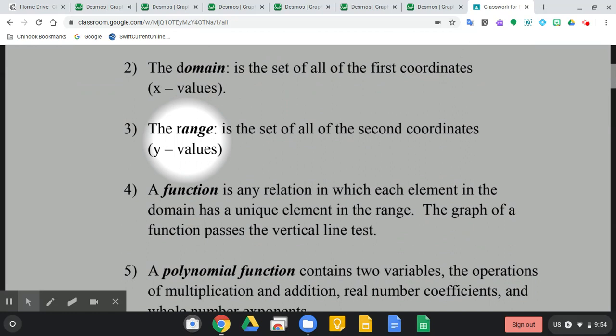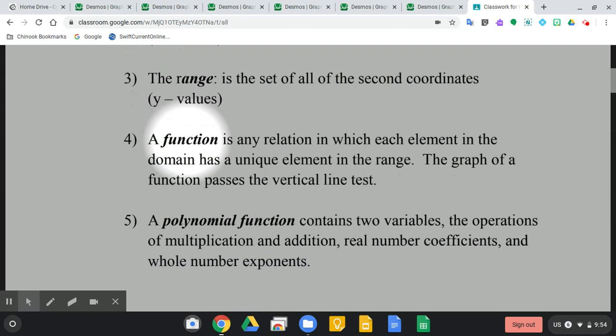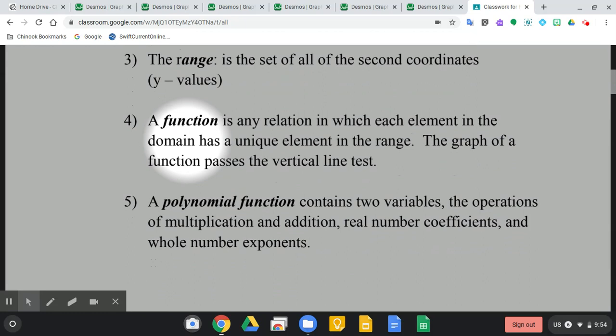Now, when we did Foundations 10, we stressed the word relation. A relation shows the association between any two sets of objects. Then we had a very special type of relation, and that was a function. So the key thing to remember here is a function is a relation.